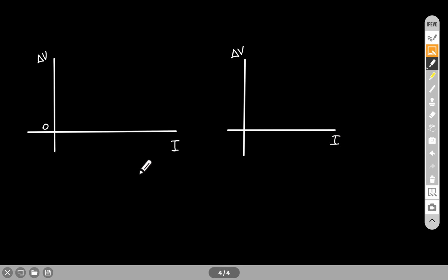Now, this is the difference between ohmic and non-ohmic materials. We know from Ohm's law that if Ohm's law is valid, delta V equals IR.